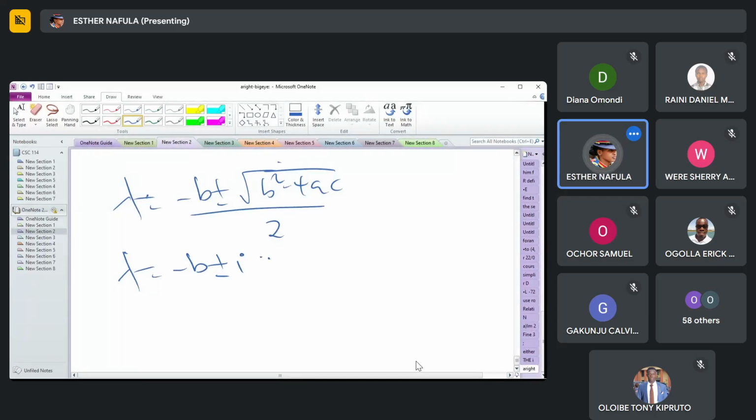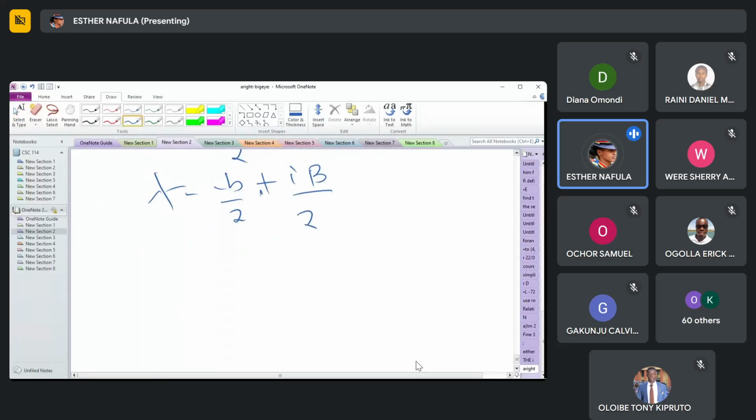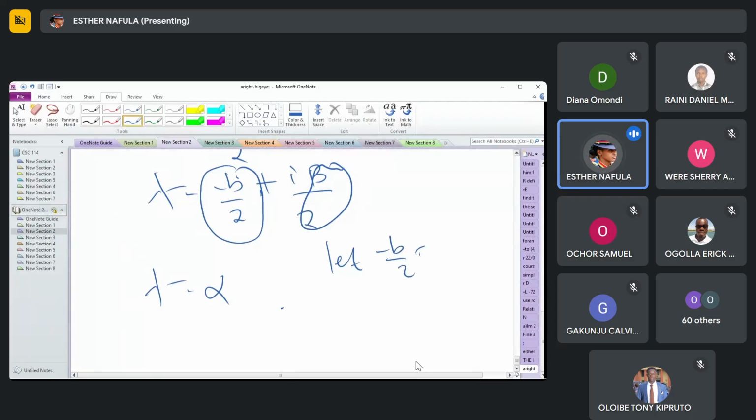Let's assume that thing was, say, capital B, divided by 2. So your lambda will be equal to minus b divided by 2 plus i capital B divided by 2. We choose to let the first part be represented by alpha, so let minus small b over 2 equal alpha, and capital B over 2 equal beta. That's where the alpha plus or minus i times beta comes from.